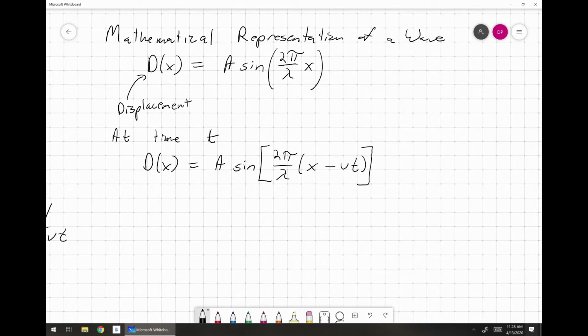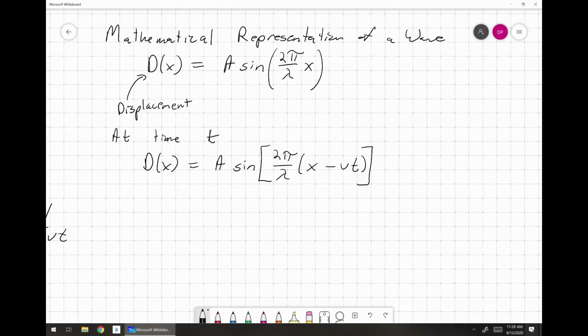Because we need to shift the argument of our sine function back to where it was at t equals 0, so that at this new x position, we get that same maximum amplitude, or whatever displacement we had at a previous x value.